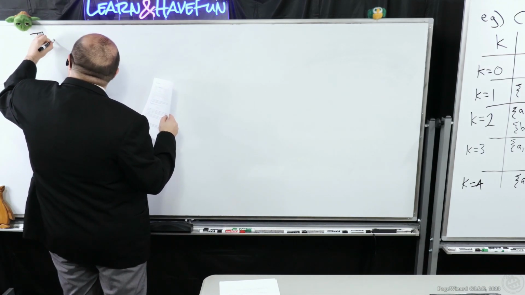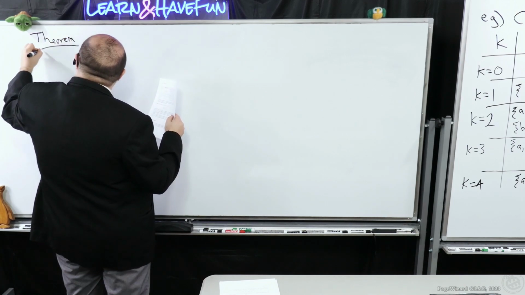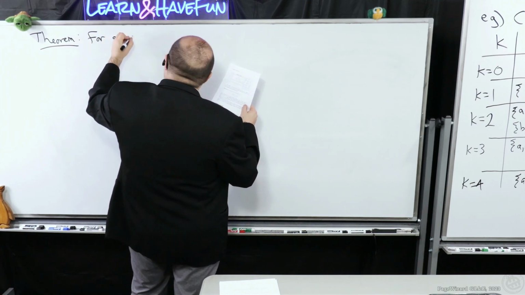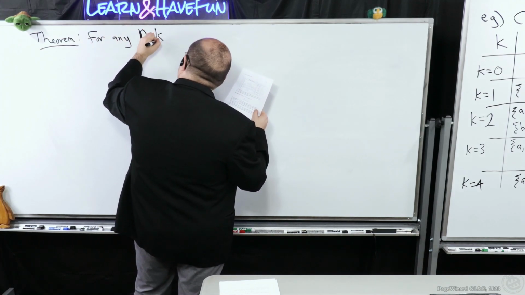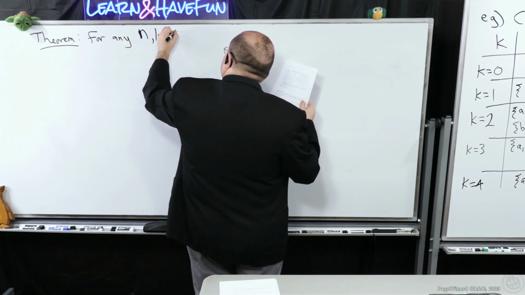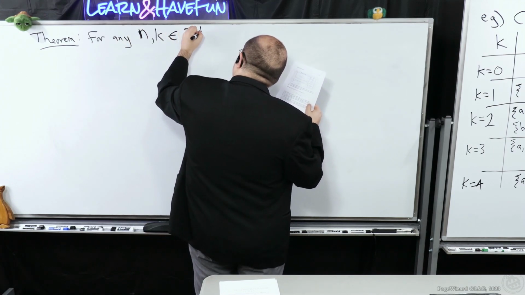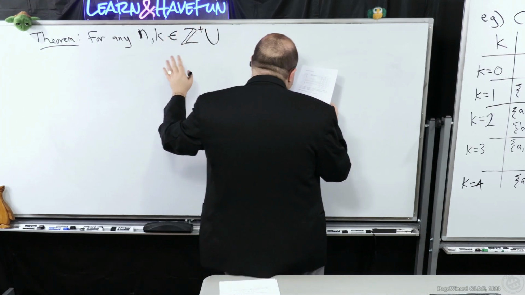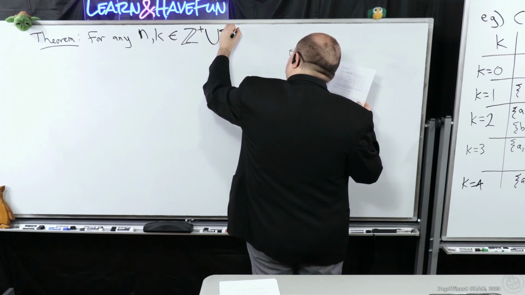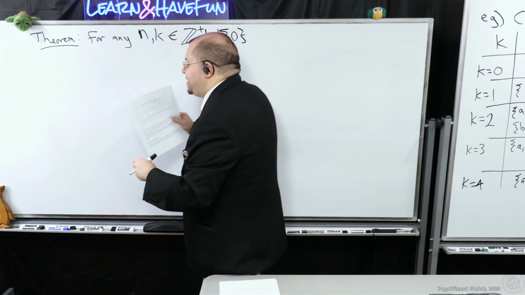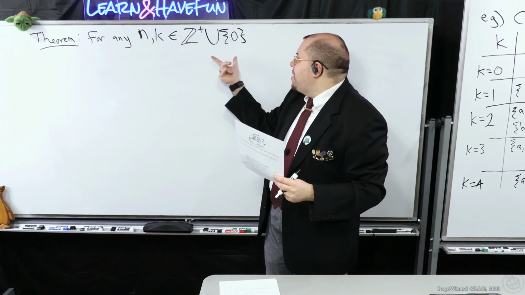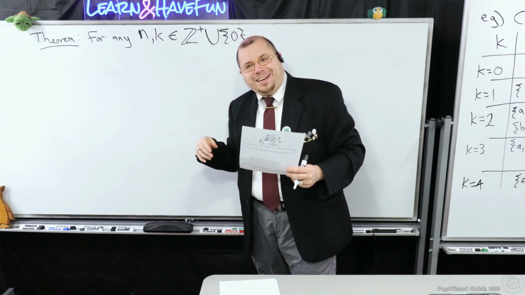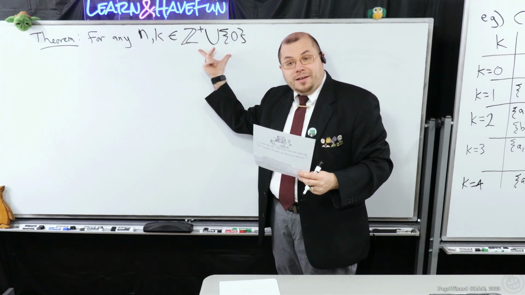So here's a theorem. For any n and k, which are going to be positive integers, but I'm also going to allow n and k to be 0. So these are non-negative integers: the set of positive integers with also 0, performing a union operation to keep these 2 together.